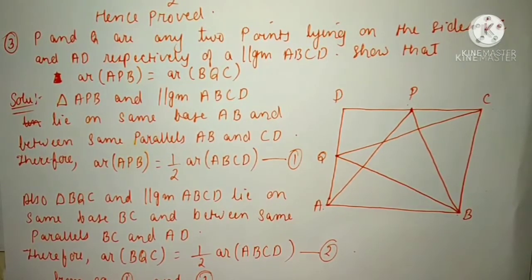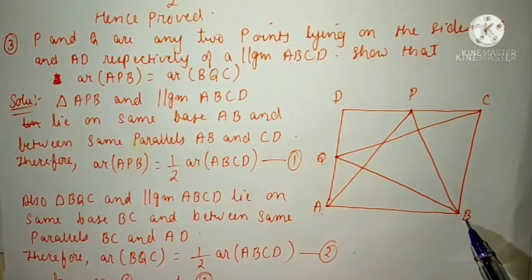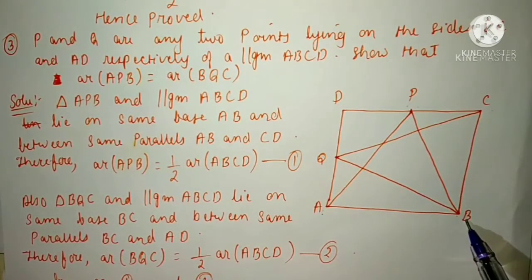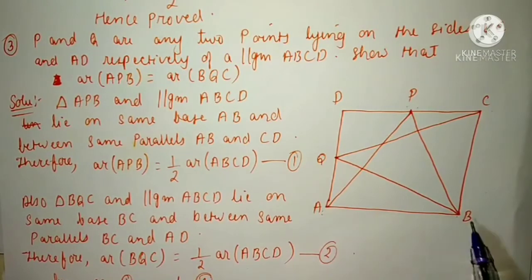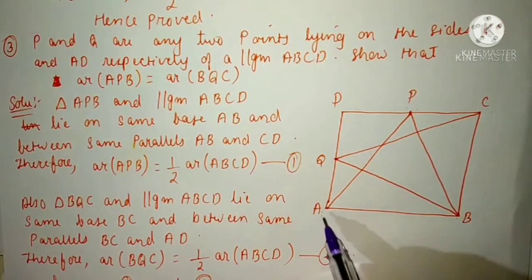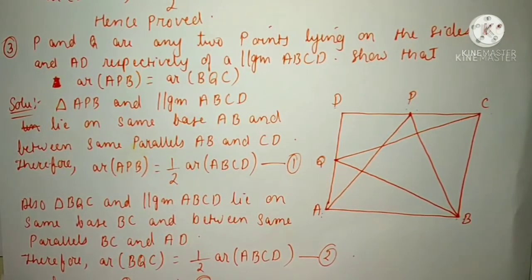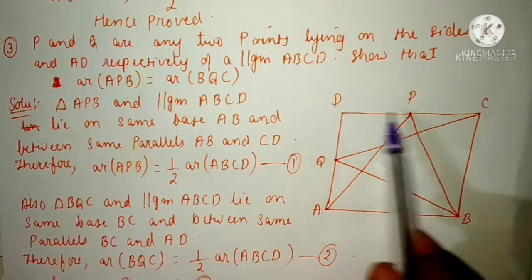So first of all, see, triangle APB and parallelogram ABCD, these two lie on the same base, that is AB, and between the same parallel lines, that is AB and CD.